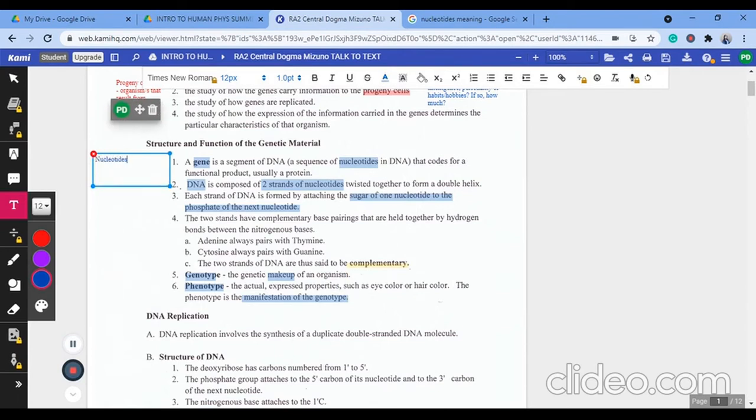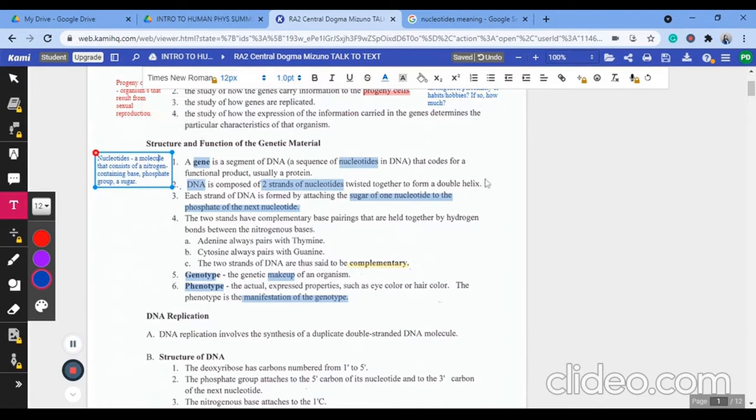So, a nucleotide is a molecule that consists of a nitrogen-containing base, a phosphate group, and a sugar.